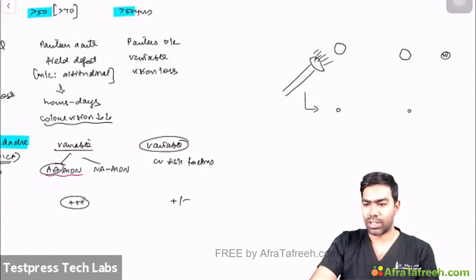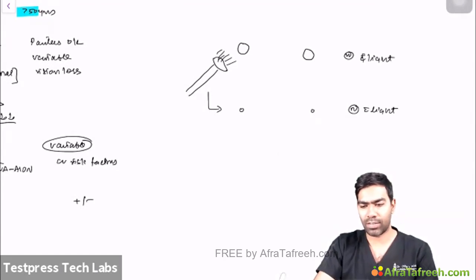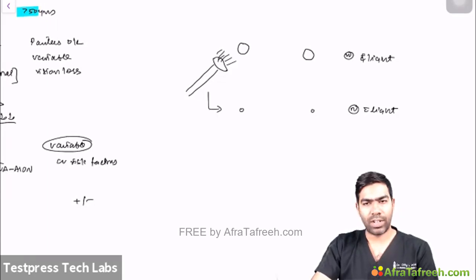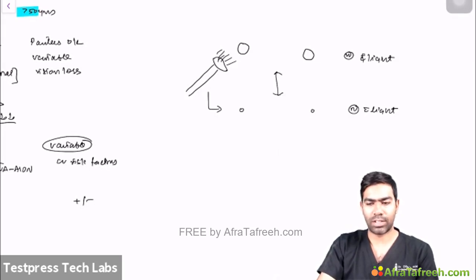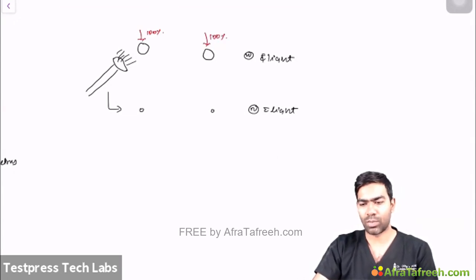So let us assume this is the normal response: this is without light, this is the size, and this is with light. You have both direct as well as consensual light reflex. Even if you swing from side to side, this is going to be the response. Whatever you do, doesn't matter. This is assumed if the optic nerve is normal, with 100% innervation.